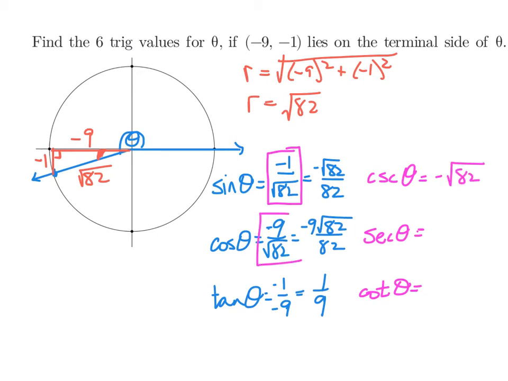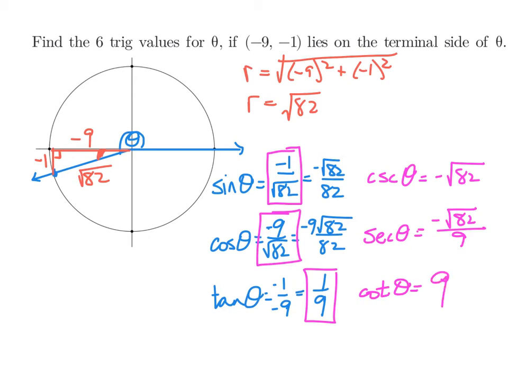And for the reciprocal of cosine, secant, then negative 9 over square root of 82, when I take that reciprocal, the square root goes on top. And so we'll already have a rationalized denominator. For tangent, I will take that last one because there's no roots in there. And the reciprocal of 1/9, of course, is 9.